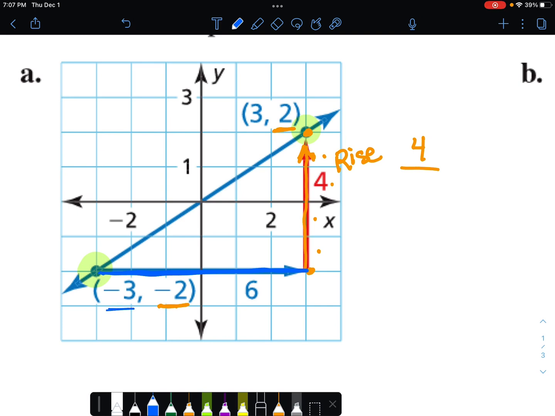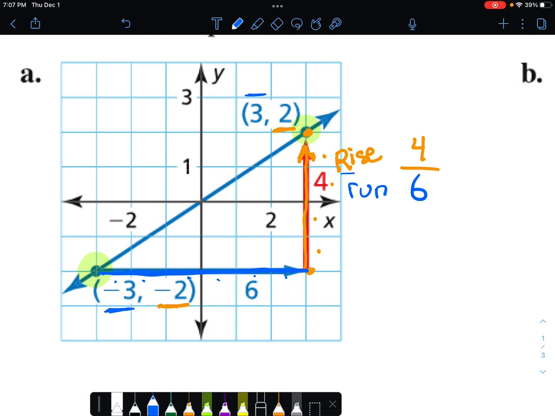So if we have -3, and we're going to go all the way up to 3, that's the distance between -3 and 3, which is 6. I can see that by counting the boxes along the x from the first point to the second point. 1, 2, 3, 4, 5, 6. And that gives me my run.